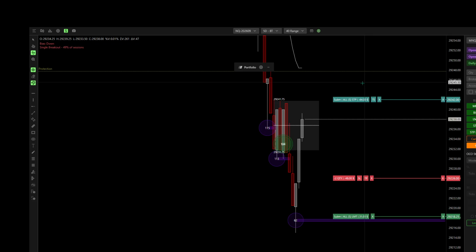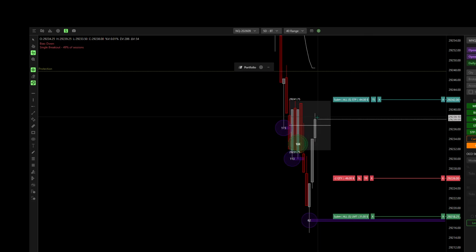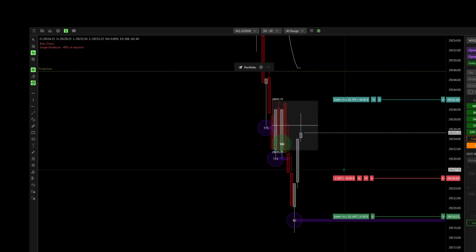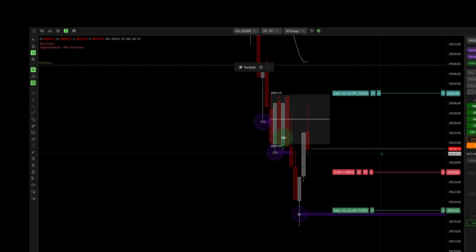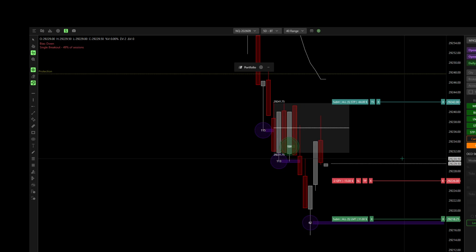Yeah, that's a strong push back up, but we're coming back into this range, tap into 50% before leaving again. So completely expected there.